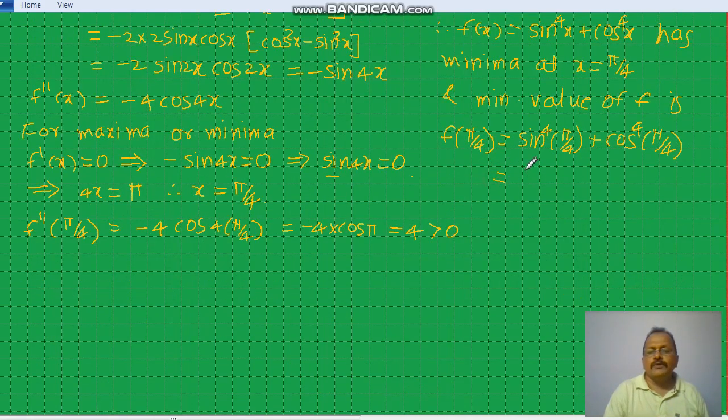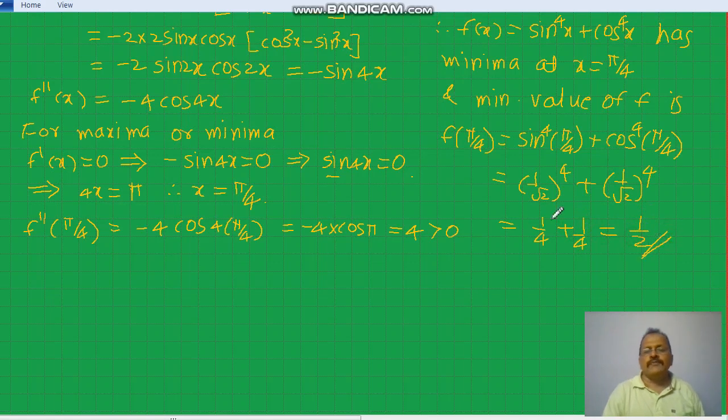It is equal to (1 by root 2) raised to 4 plus (1 by root 2) raised to 4. (1 by root 2) raised to 4 is 1 by 4, so 1 by 4 plus 1 by 4, it is 2 by 4, it is equal to half. And therefore, summing up the answer, minima at x equal to pi by 4 and minimum value of f(x) is half.